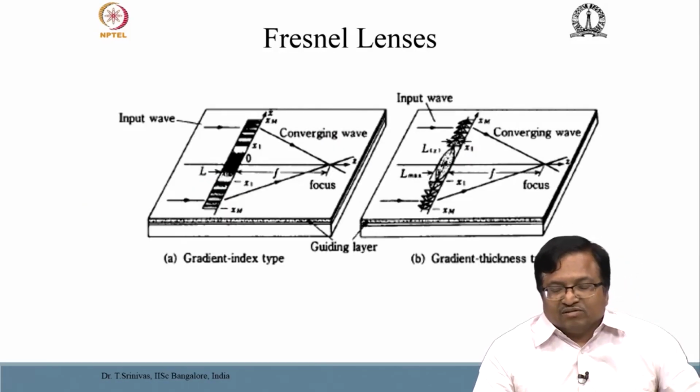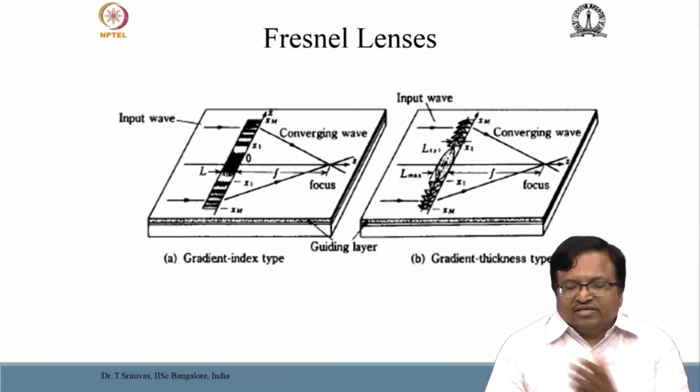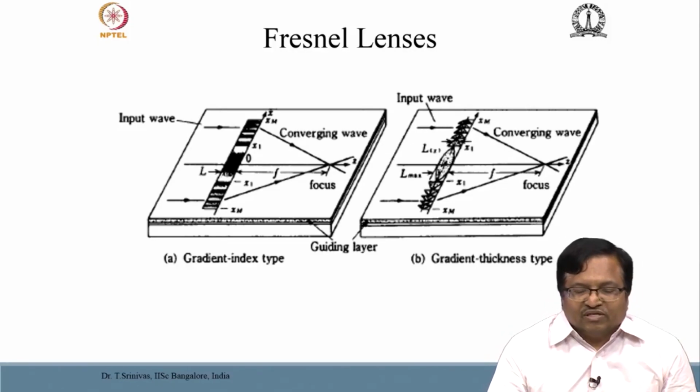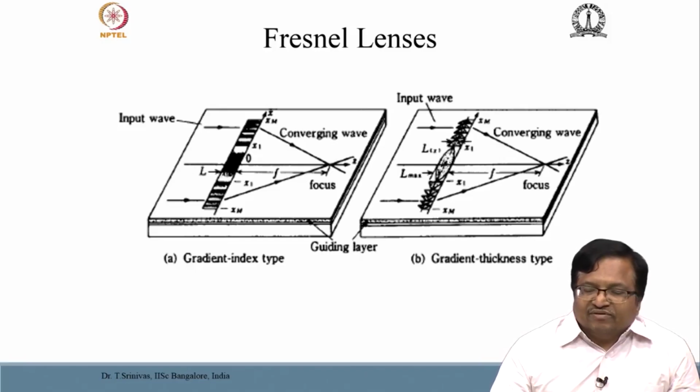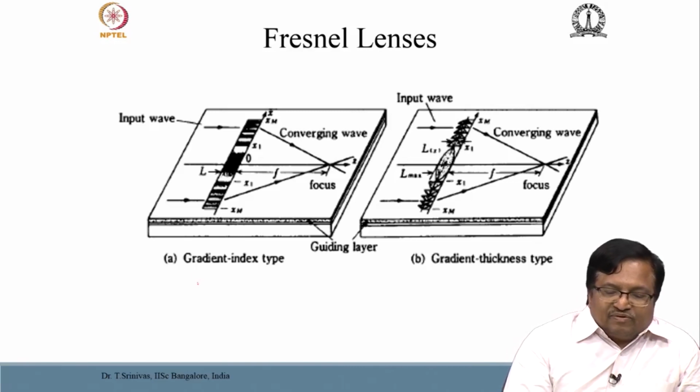Lenses are also an important element in optics. In conventional integrated optics, people have tried to imitate whatever is there in bulk optics onto integrated optics. Lenses are one of the important components which can be used for converging and diverging signals, imaging and so on. Figure A shows a gradient index type of Fresnel lens, where the refractive index gradually varies across the width.